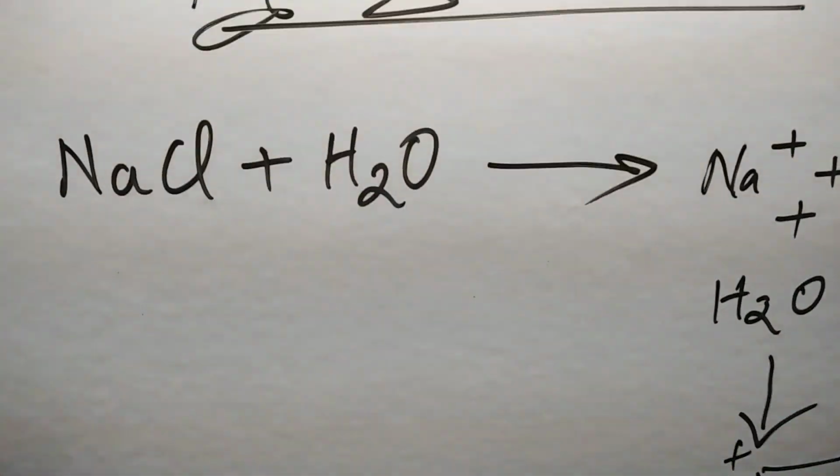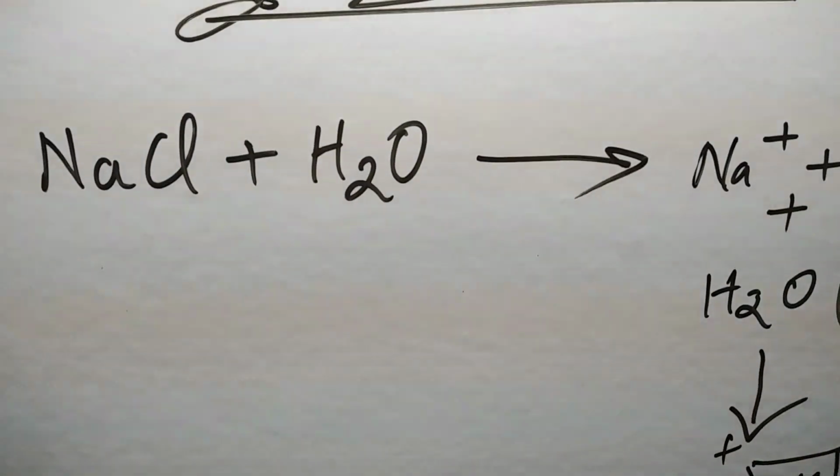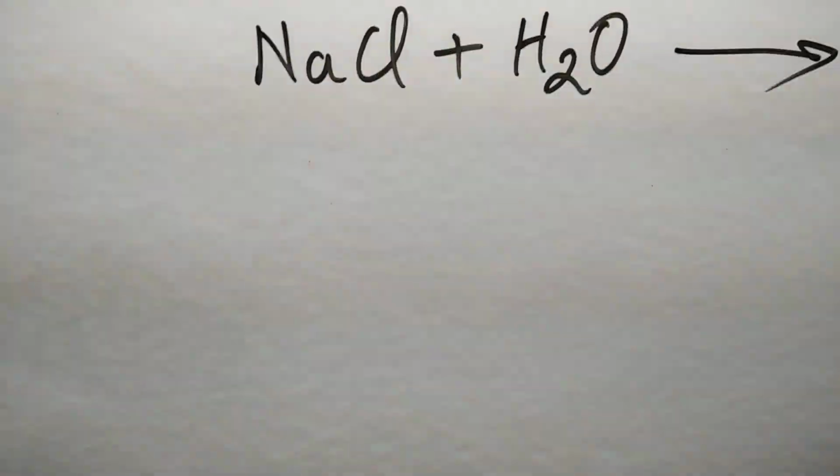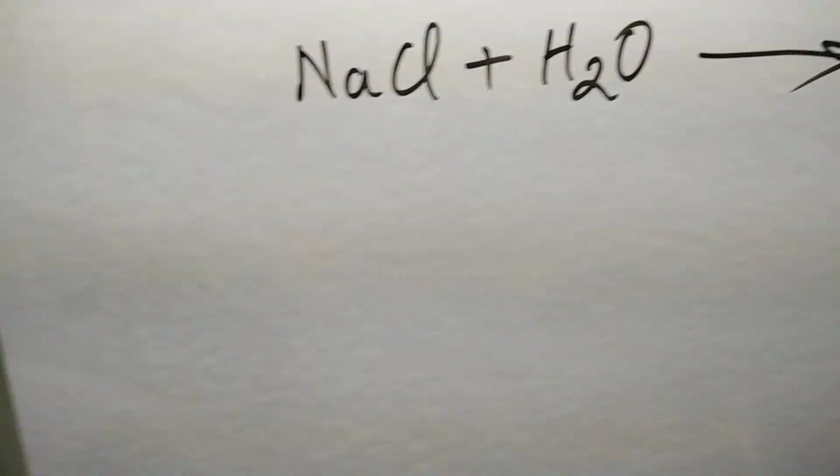Okay students, let's see another example. Before moving on to another example, let me show you something. What happens when water dissociates? Yes, water dissociates, which means water breaks down.